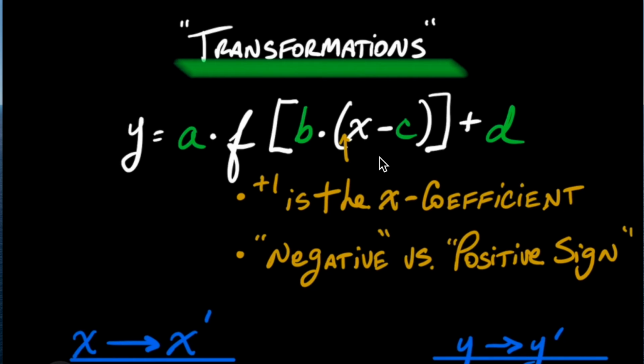The other thing I want to point out is the difference between the negative sign associated with this c value and the positive sign associated with the d value. Whenever you see a negative value in a generic equation, you do the opposite. When you see a positive sign in the generic equation, you take whatever you see.